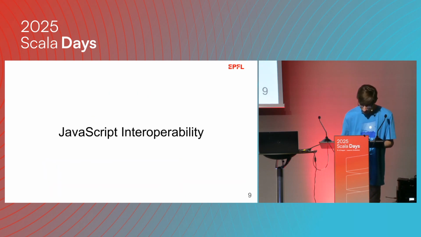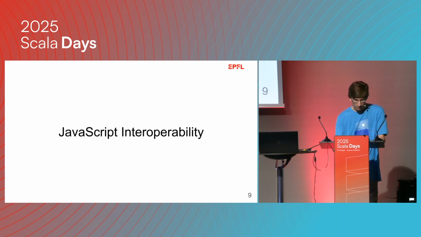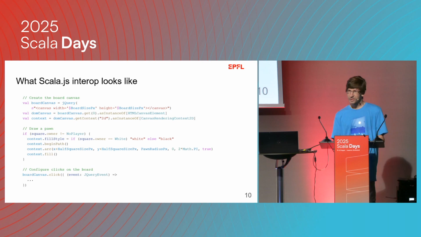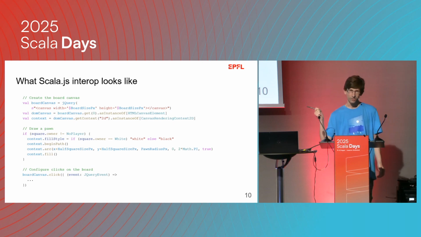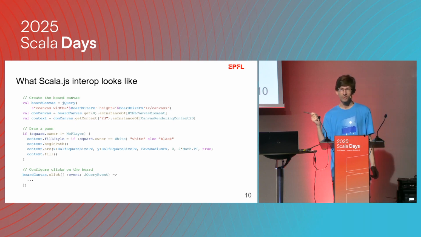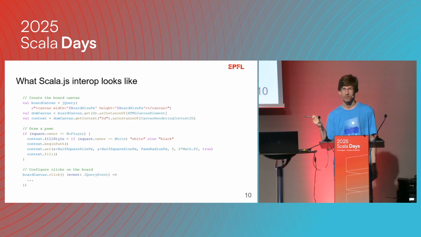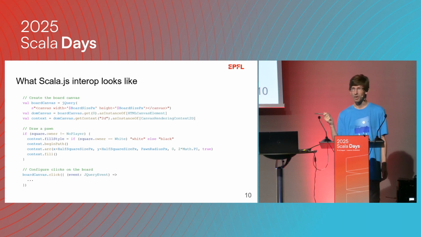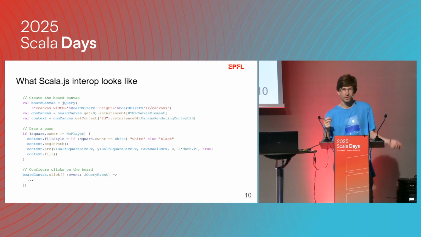All right. So now I need to talk to you about JavaScript interop. This is what Scala.js interop with JavaScript looks like. This is Scala.js code, but unless you're quite familiar with Scala.js and with jQuery, you'll have a hard time figuring out what in that code is Scala and what is JavaScript. That's because it's all both, right? This is Scala code that talks to a JavaScript library, and this is perfectly fine, right?